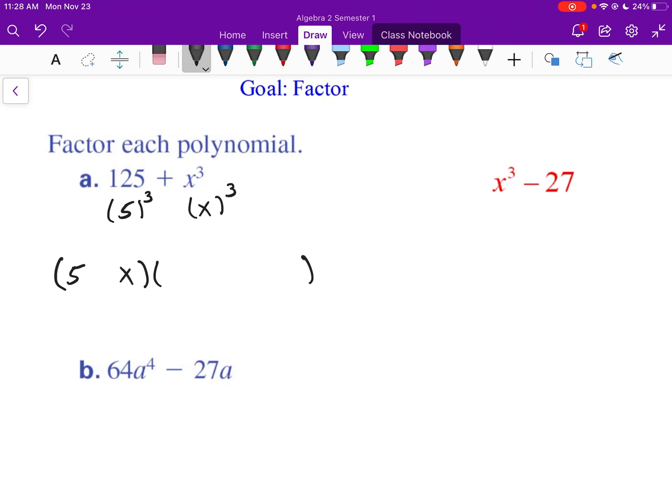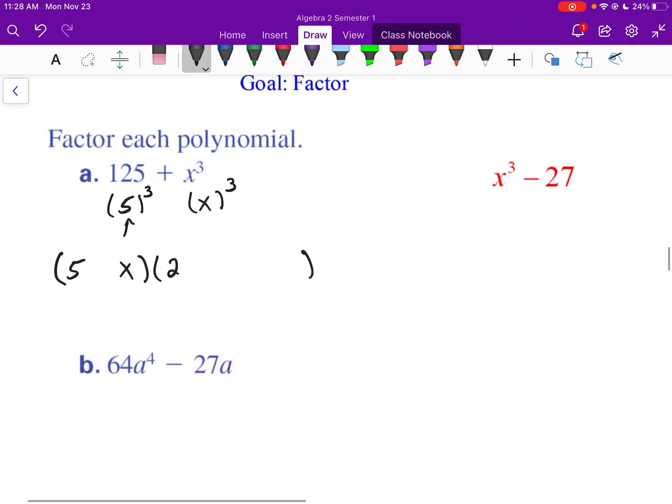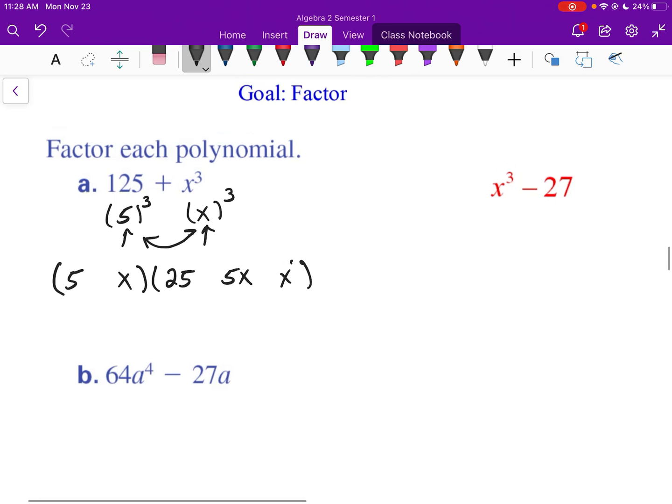And then for the terms in the trinomial, you're going to square the first one, which would be 25, multiply the 2 terms, so 5x, and then finally square the second term. Okay, so what you'll hear me say for this trinomial is square, multiply, square. You square the first term, multiply the 2 terms, and then square the second term.